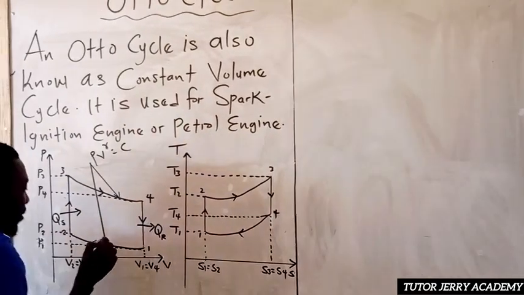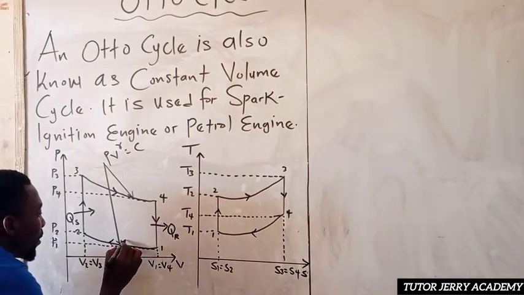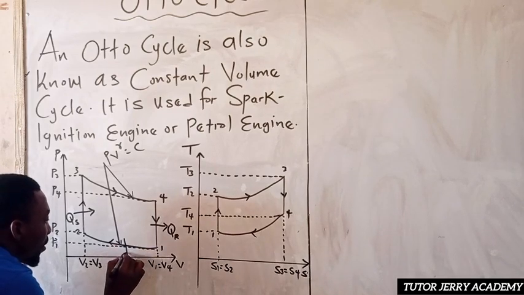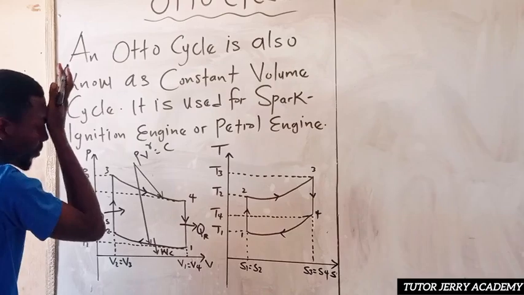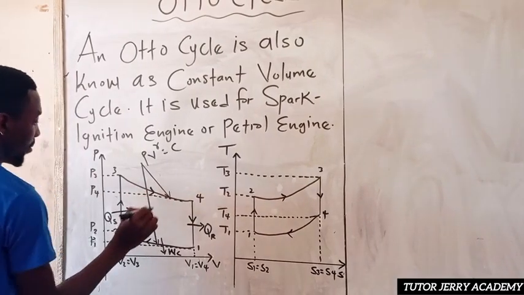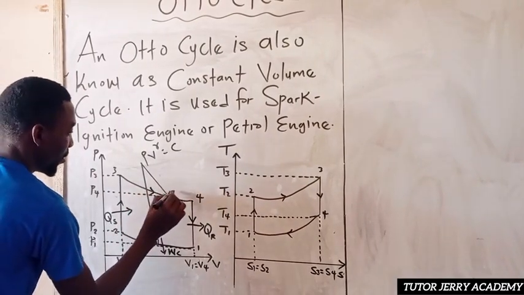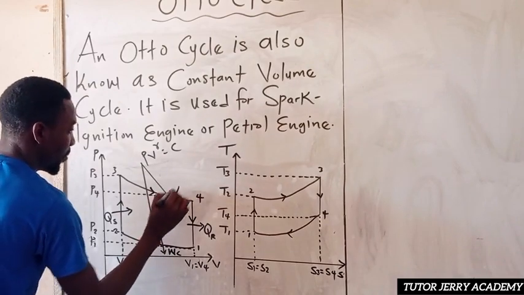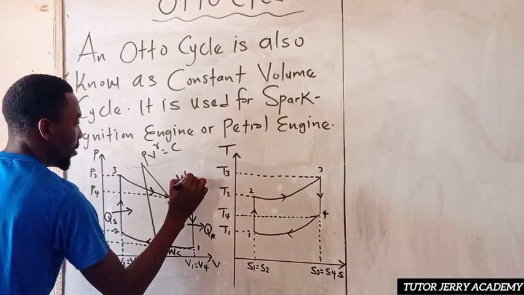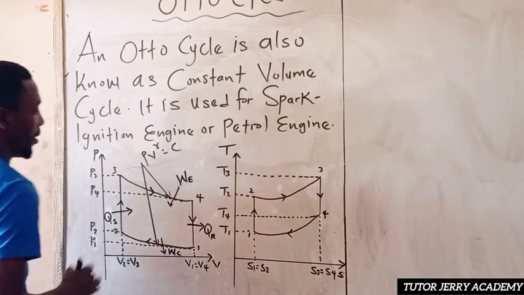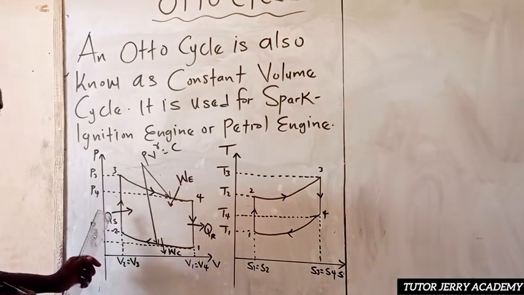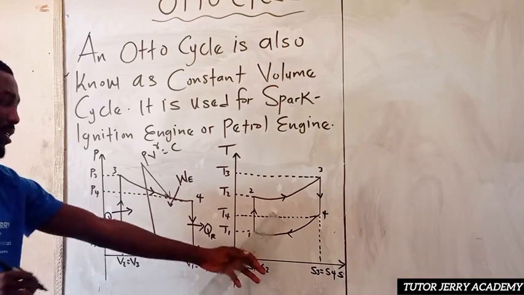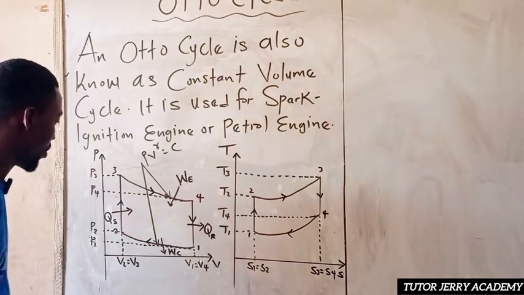Here we have work done by compression, W subscript C, and here we have work done by expansion, W subscript E. The next thing, I said you can put this anywhere you want to put it.